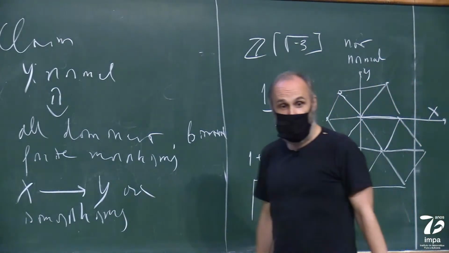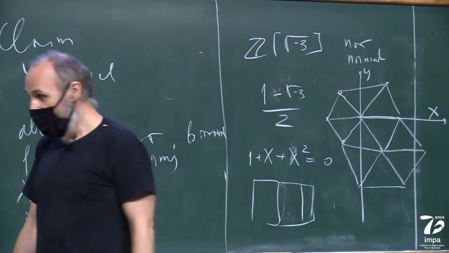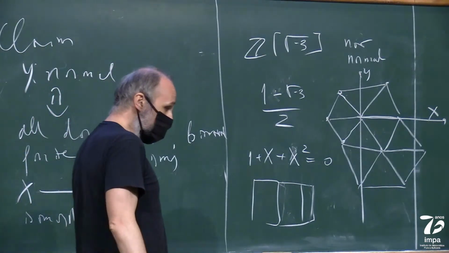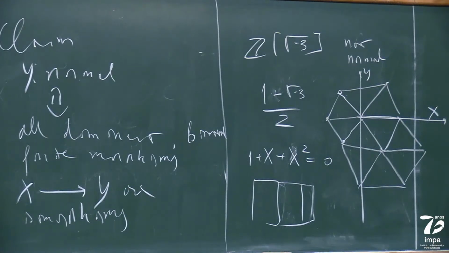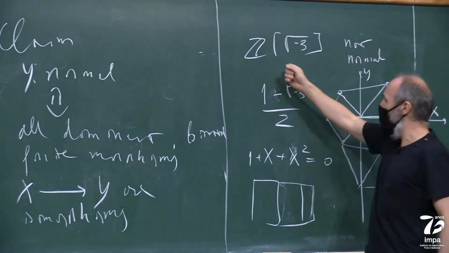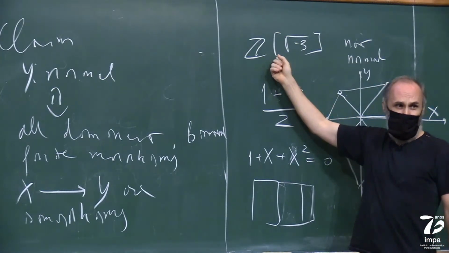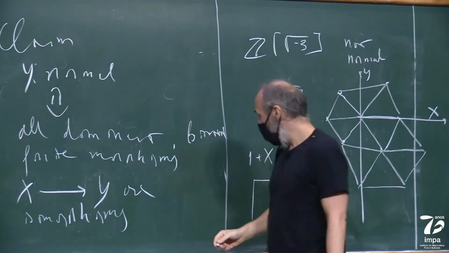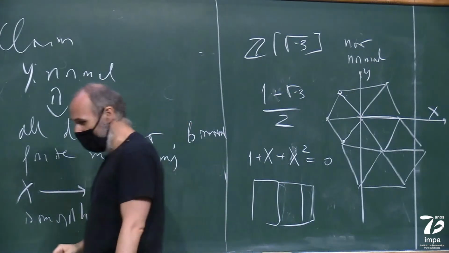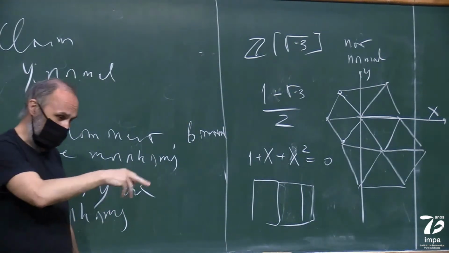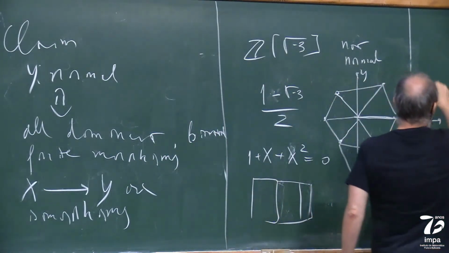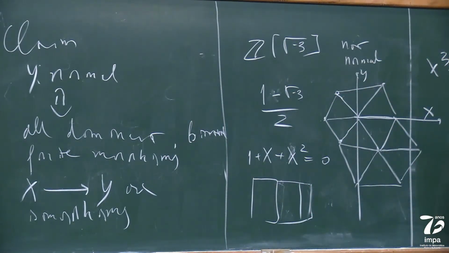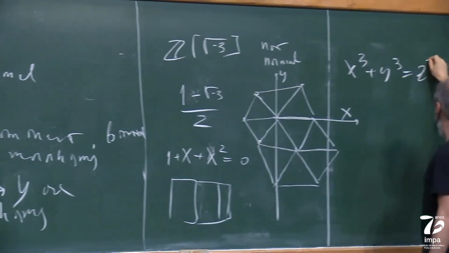So you really sometimes need to add this 2. In fact, I think this was something that Euler noticed. Maybe he even made this error, because to prove Fermat's last theorem for the exponent 3, you want to solve the equation x cubed plus y cubed equals z cubed in integers.